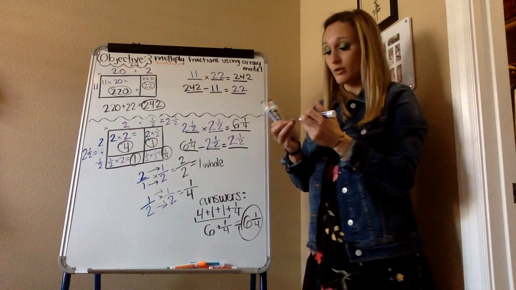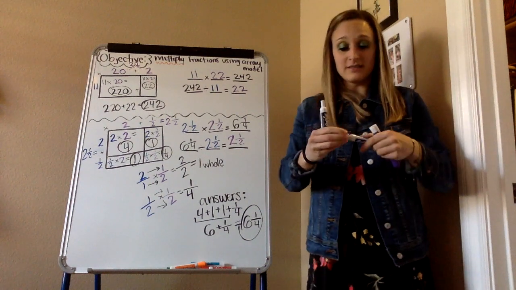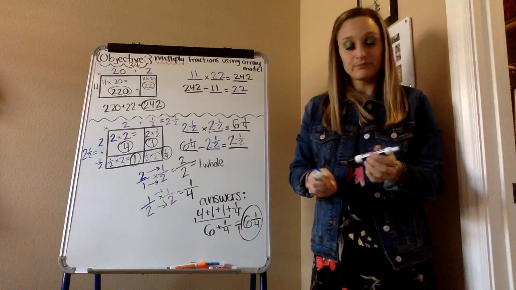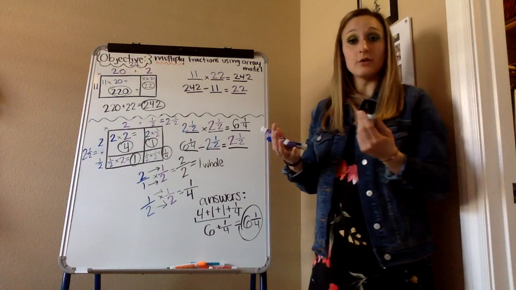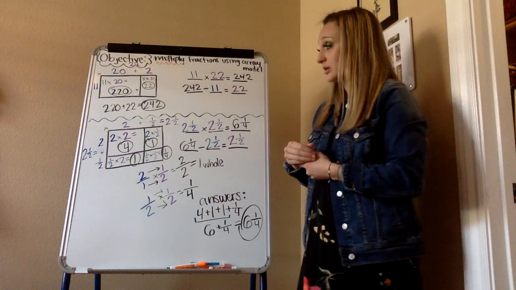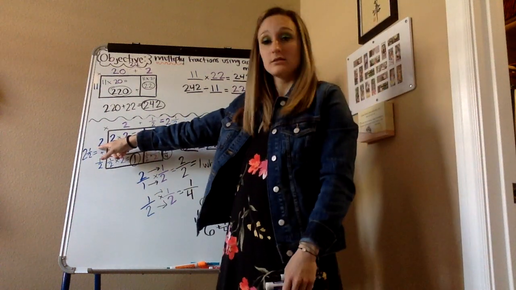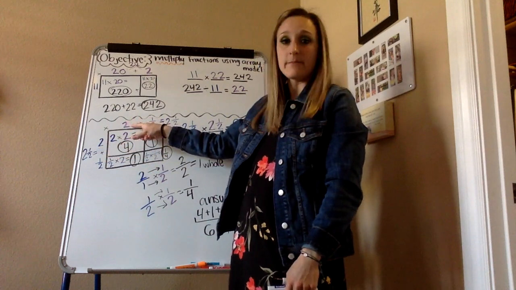Now when you do your math homework, I'd like for you to do this in pencil. I'm just using different colors so that it's visually easier for you. Both of your pages are going to be doing this. So remember, start with the side, right? 2, and go up to the top.